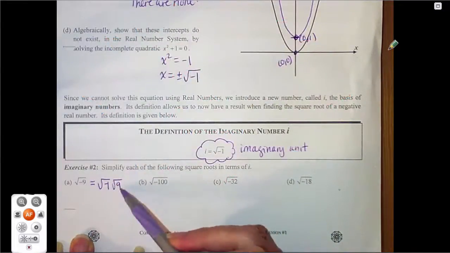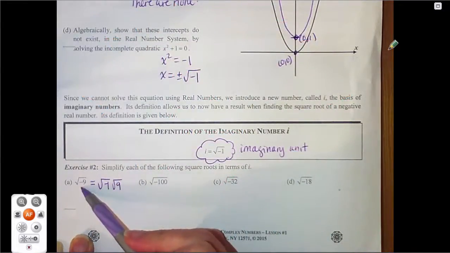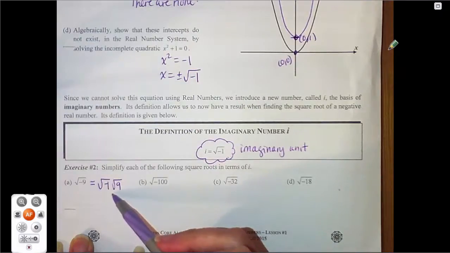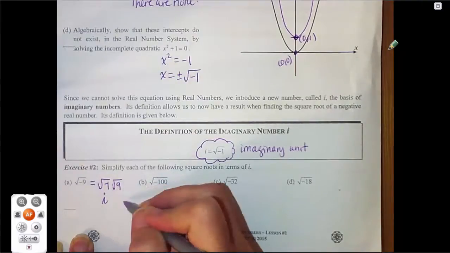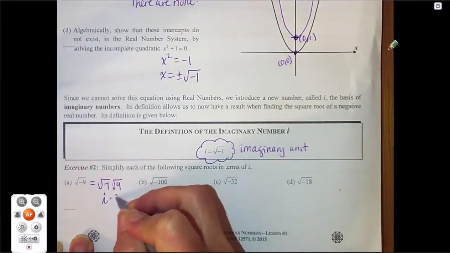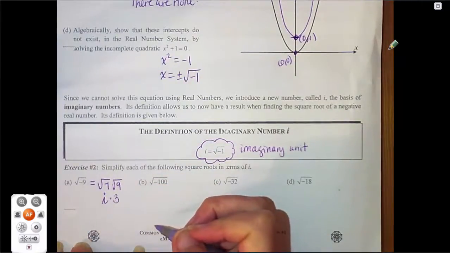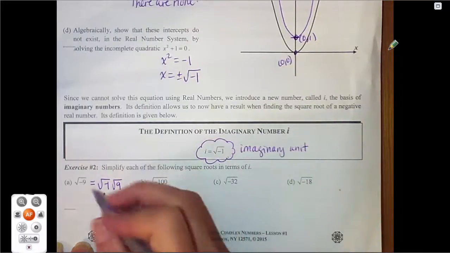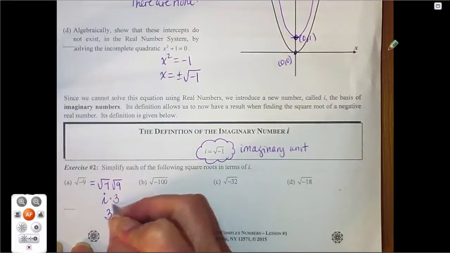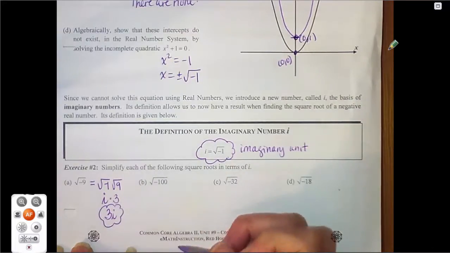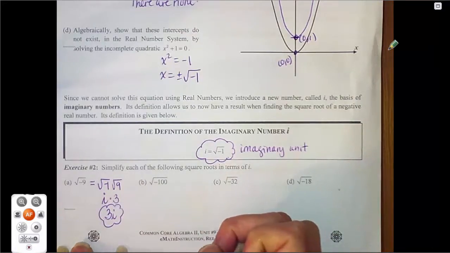Negative 1 times 9 is negative 9. But now we know that the square root of negative 1 is i, and the square root of 9 is 3. So this is i times 3. We clean that up, put our coefficients in front of our variable looking things, and call this 3i. So the square root of negative 9 is now 3i.